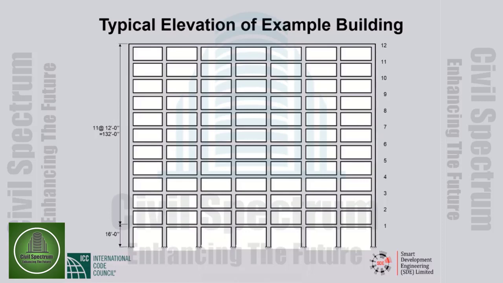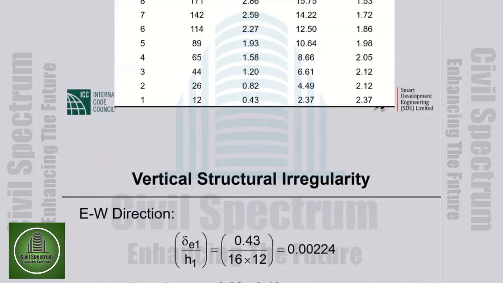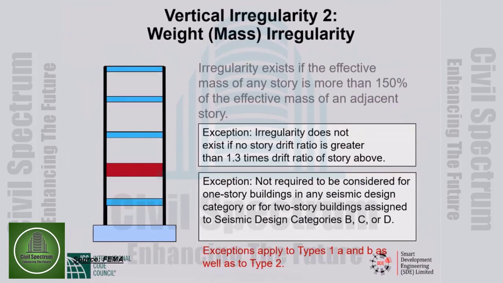By that definition, this was a building with a soft story. But when we calculated deflections, we were able to show that we fall under the exemption and that we do not have a soft story. So that one is very, very useful. Why BNBC has not adopted it, I do not know. And since BNBC has not adopted it, you probably cannot take advantage of it. But I kept it in so that you can take a look at how you can get around these irregularities.